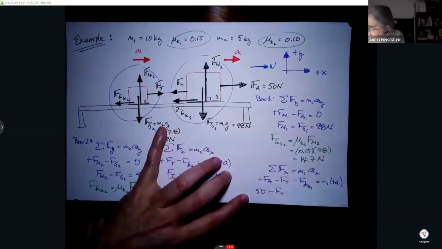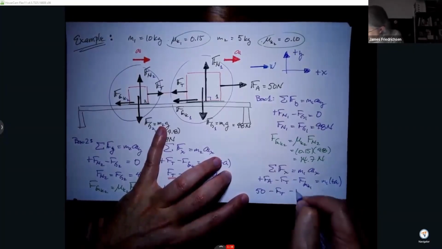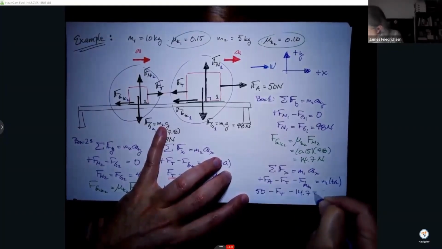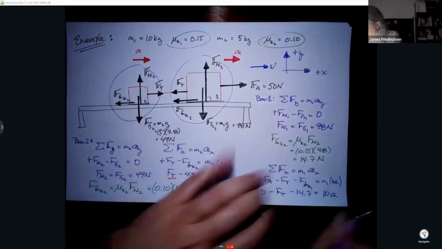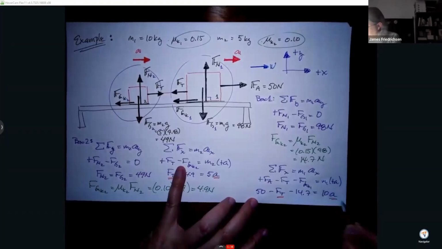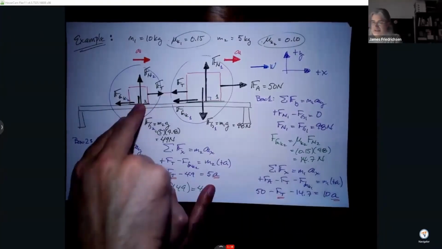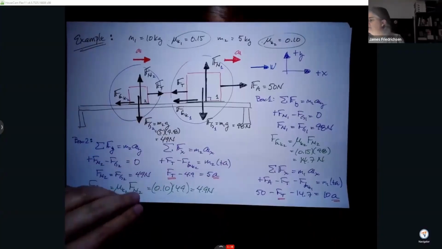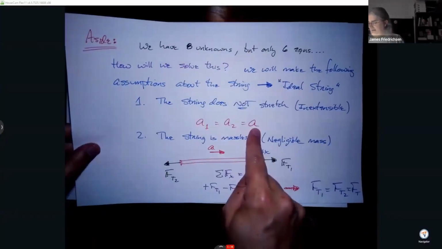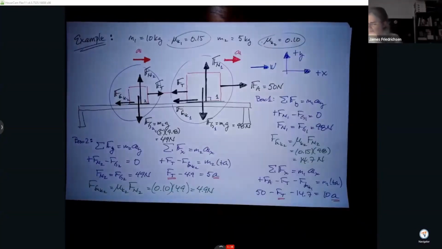Don't know the tension magnitude. Supposed to solve Newton's second law for that. The kinetic friction is our 14.7, equals 10 times A. What you'll notice is that this equation also has two unknowns, and it's the same two unknowns that we had on the other one, by the assumptions about the string: that the A magnitudes were the same and the tension magnitudes were the same. Okay.